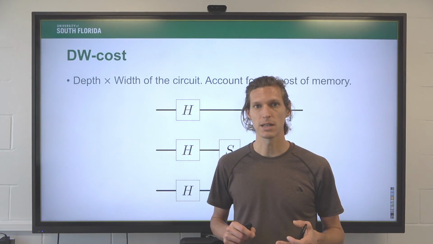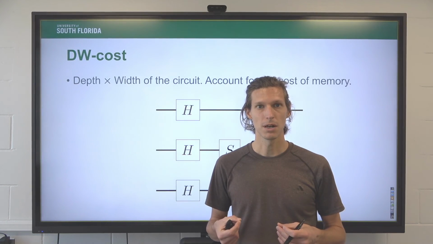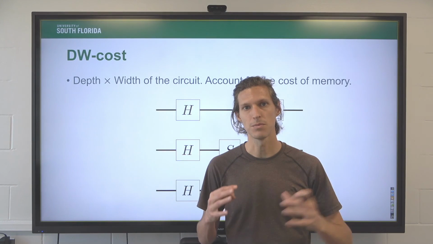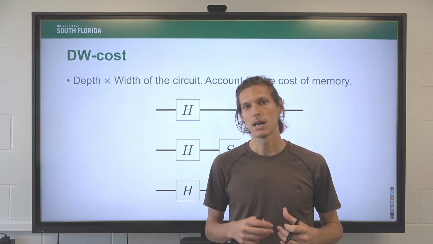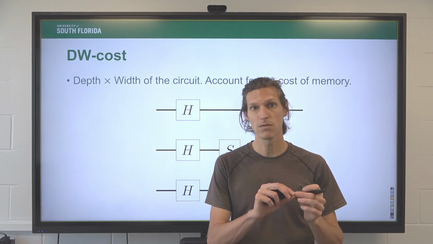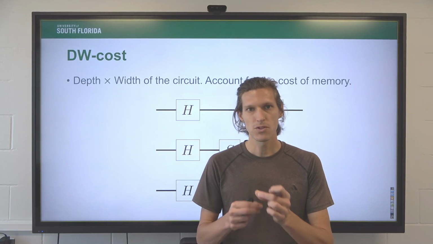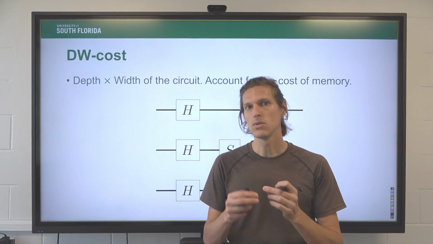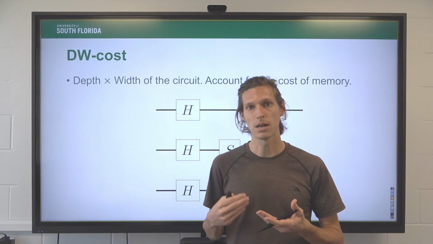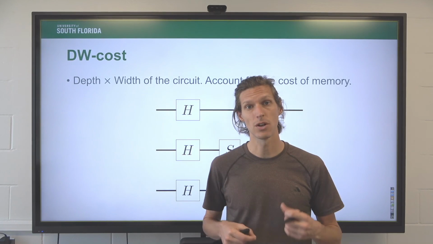However, it turns out that most of the models that we have for fault-tolerant qubits, the ones that resist the influence of the environment, involve active error correction, which means that even if the wire doesn't have gates, there are circuits that are going to be executed at regular time increments to preserve the information on the qubit.